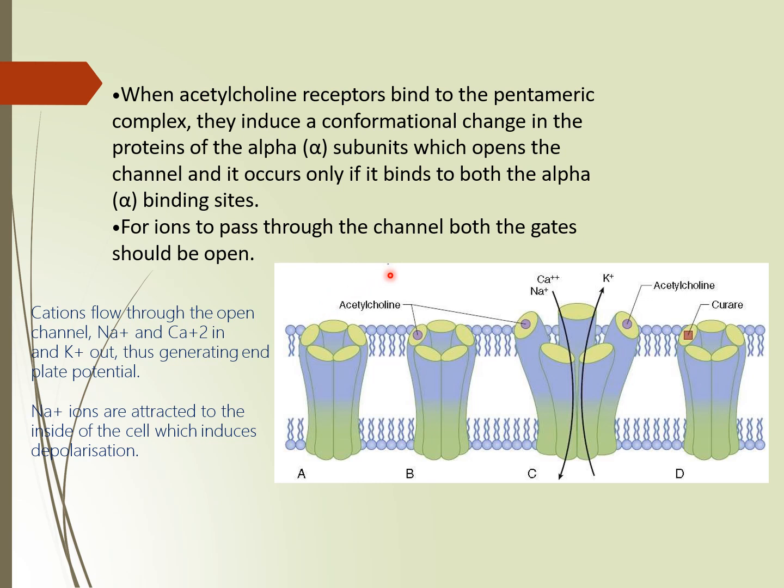Pentameric means 5 subunits. So for ions to pass through the channel, both the gates should open.